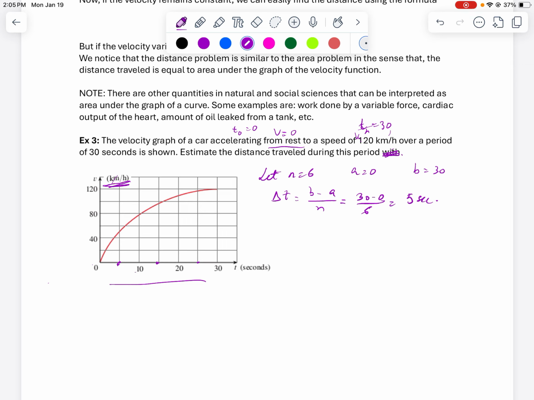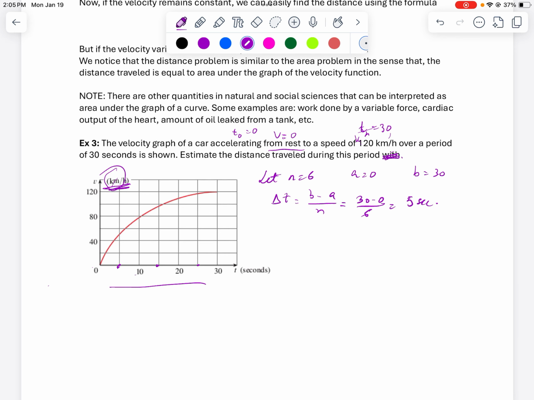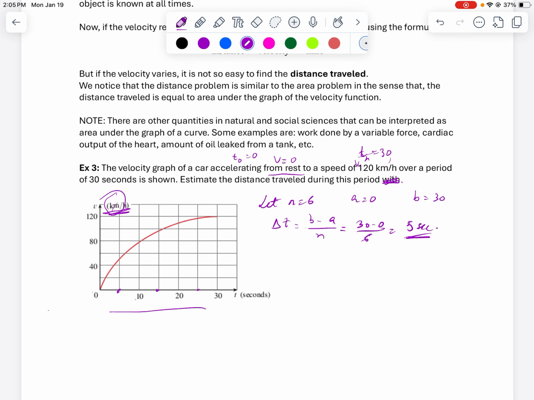Since we have kilometers per hour here, it will be easy for us to change the 5 seconds into hours. We can't change time into kilometers. 5 seconds to whatever hours. How do we do that? Well, because we are going to a higher or bigger unit from the second, we have to divide.